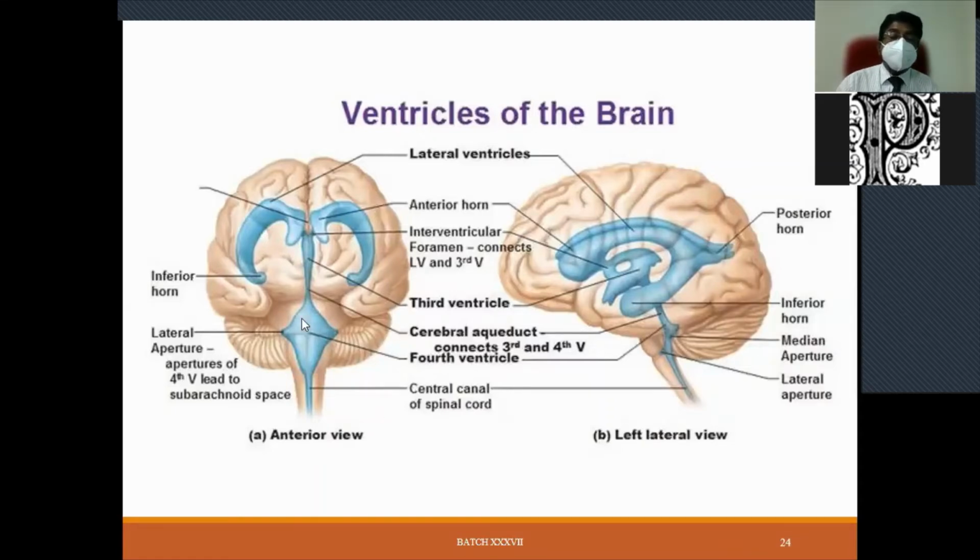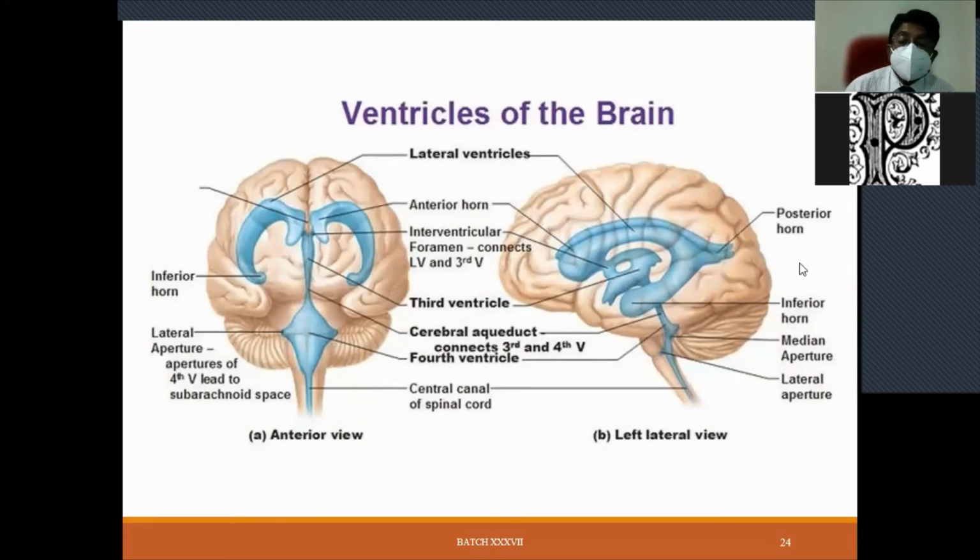Then this fourth ventricle doesn't end here, right? It continues along the spinal cord. The spinal cord is a continuation of the brain. But when we talked about the central nervous system, we talked about brain and spinal cord separately.